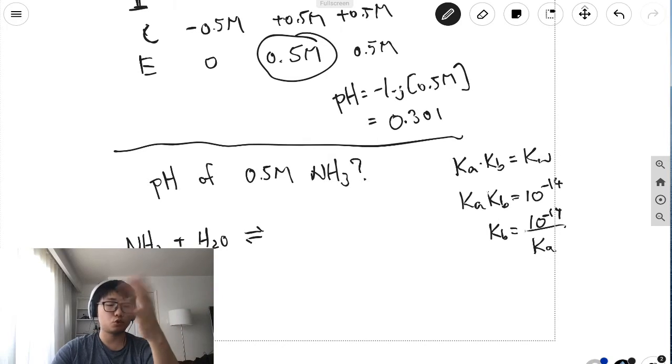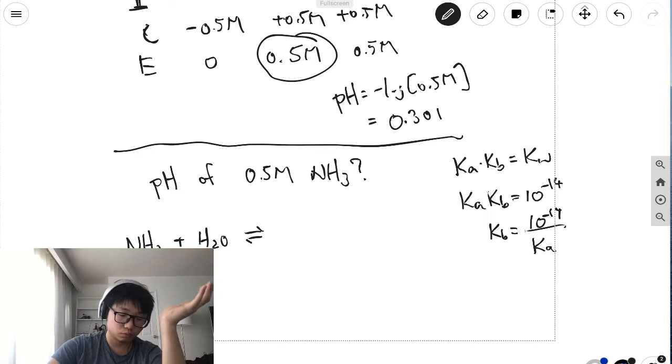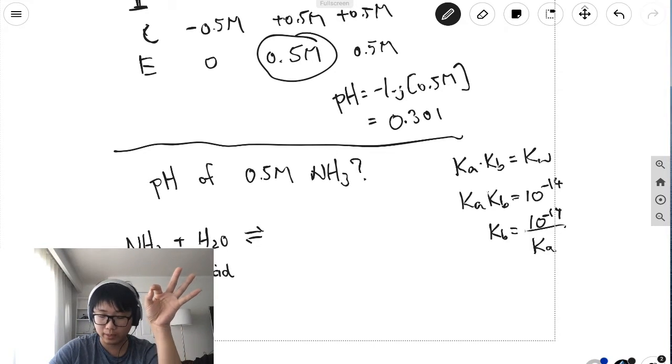Because if that's a base, your water's got to be an acid. If that's an acid, then your water's got to be a base. So if it helps, we should label that. So you should know that this is a base. So that would make the water the acid. So if you label that, that might help you figure out what the products are. Yep, so what do we got here? So if NH3 is the base, is it going to donate a proton or is it going to accept a proton?